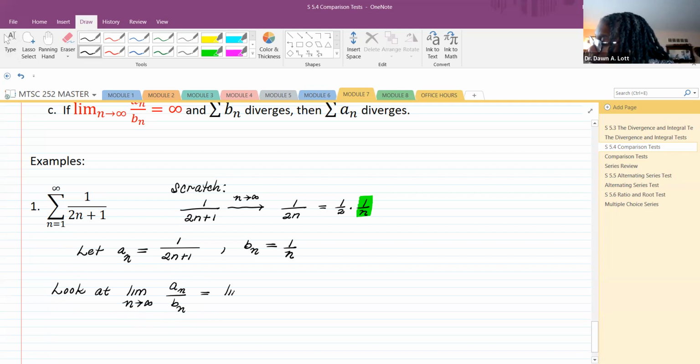So that's the limit as n goes to infinity. An is 1 over 2n plus 1. So I get 1 over 2n plus 1, and that is divided by 1 over n. Okay.